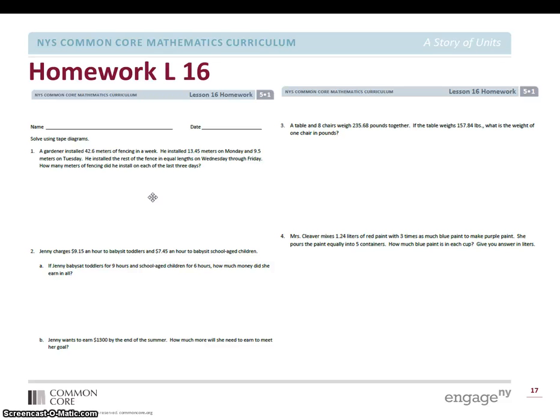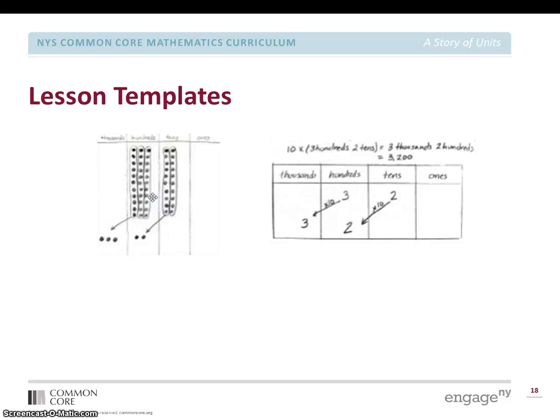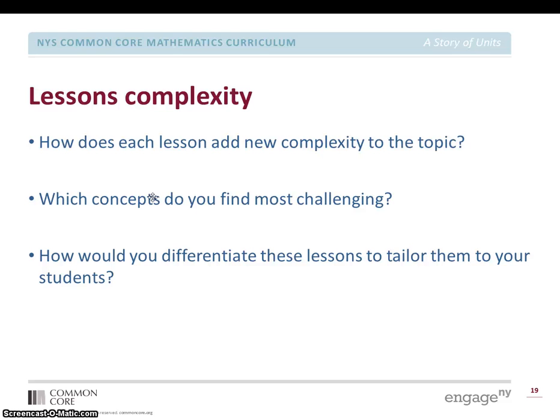You have now lessons involving word problems that the students have to write their math thinking to help solve it. There will be templates involved in the lesson. We saw a lot of place value work in these lessons. You'll see the same thing throughout the days. So it's nice to have a whiteboard with a place value chart on its inside to help the students write multiple problems easily.